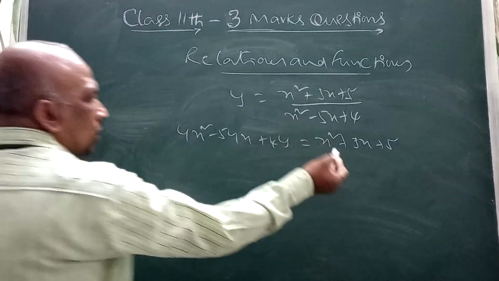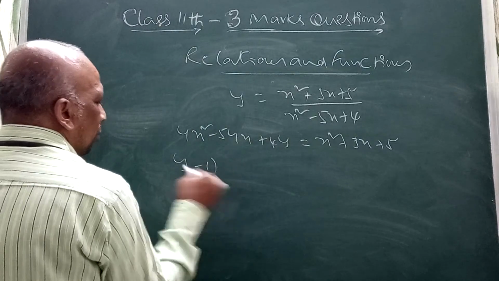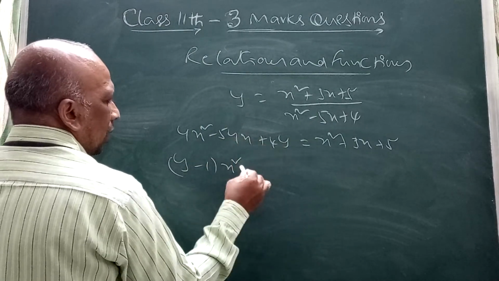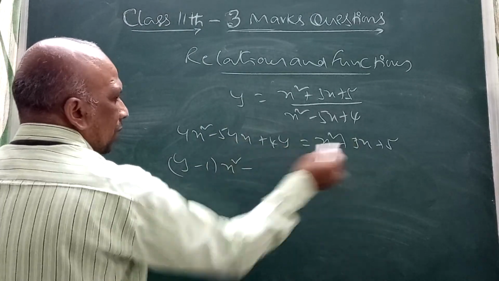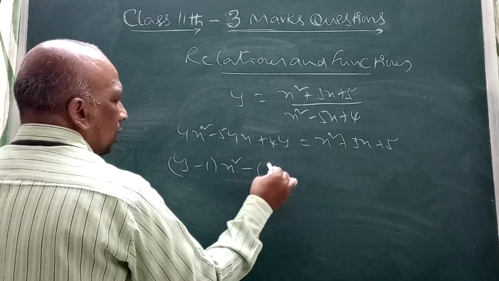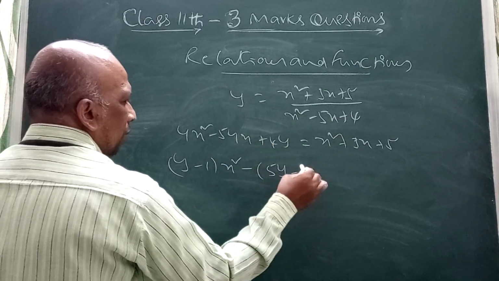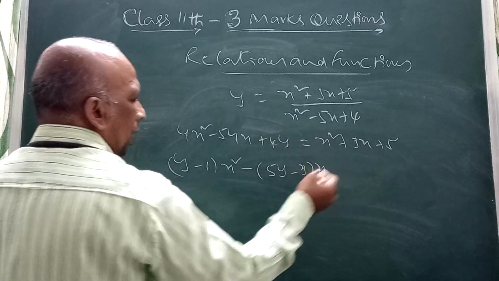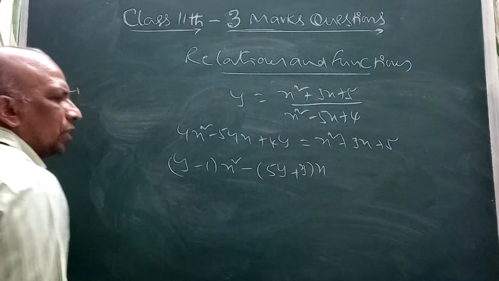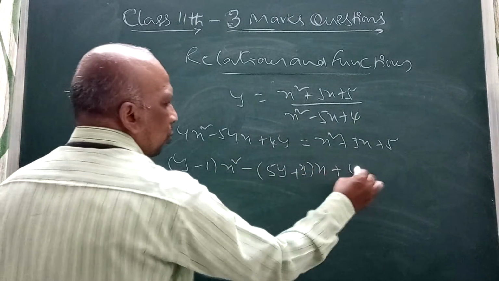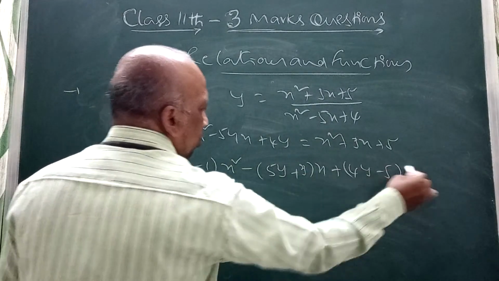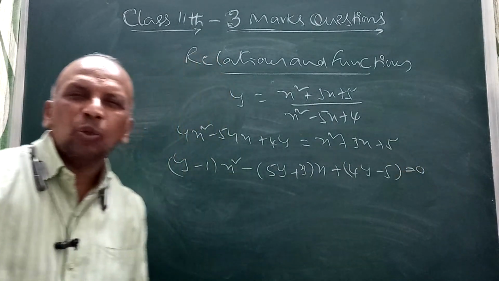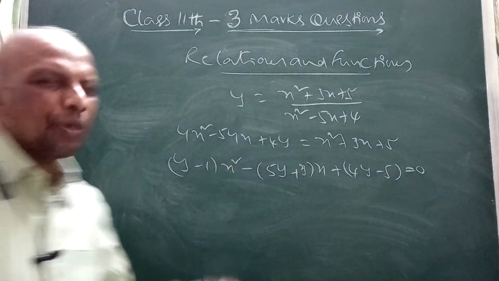If I do cross multiplication and transfer to one side, I get (y - 1)x². Taking x common, I get (-5y + 3)x, plus 4y - 5 equals 0. To find the range, do the cross multiplication and transfer to one side.